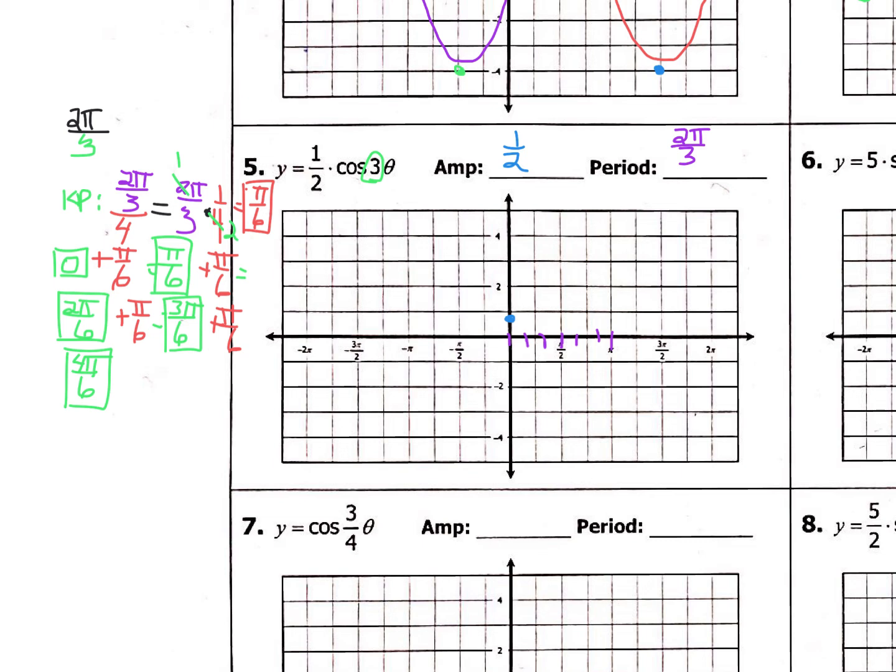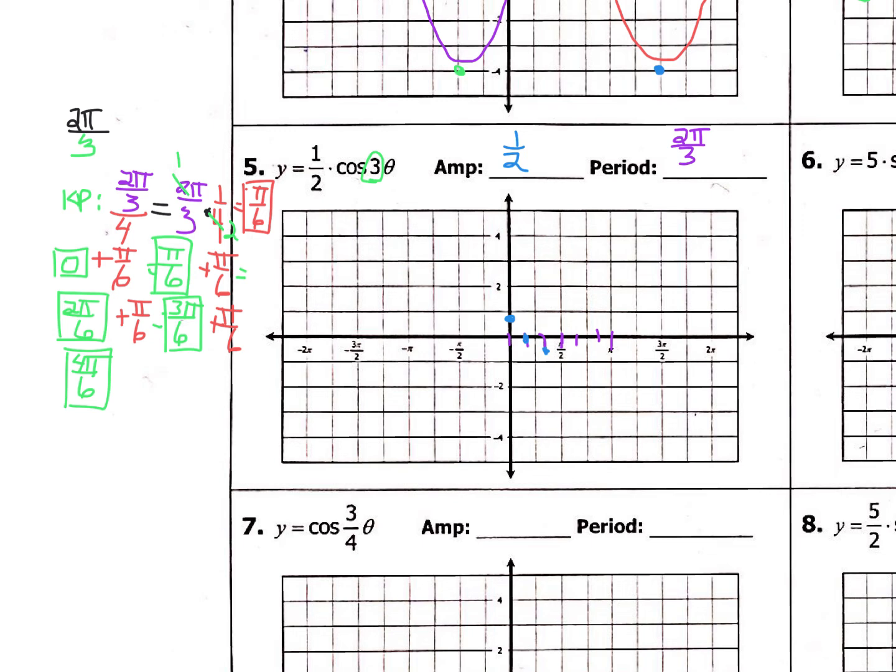Then at our next key point, which is right here at pi over 6, we're going to be back at 0. Every other point is at 0. Then at the next key point here, which is 2 pi over 6, we're going to be down to an amplitude of 1/2. Right there, so we're going to be really squished.